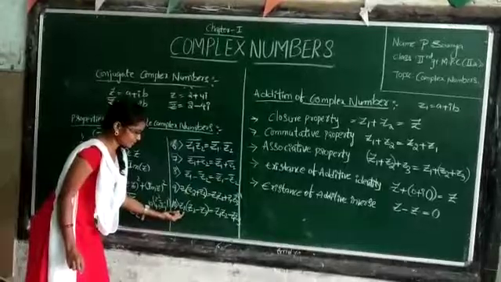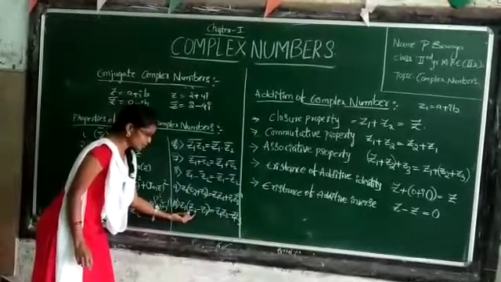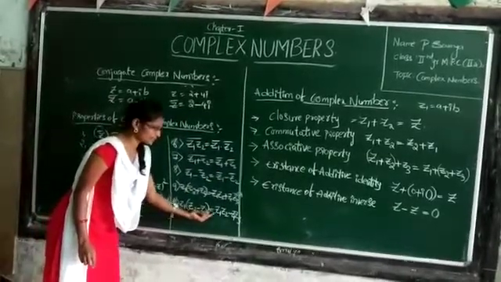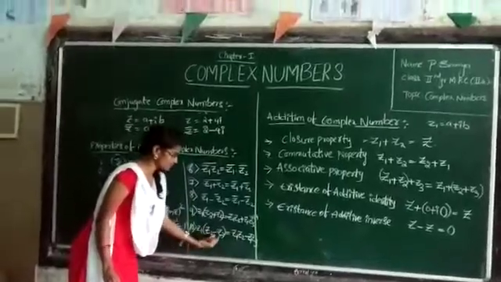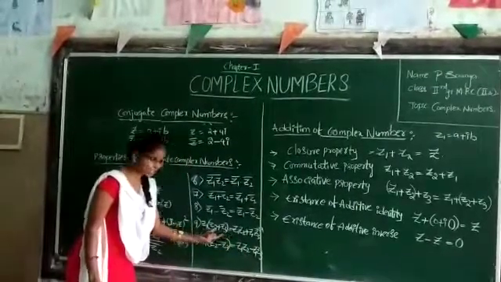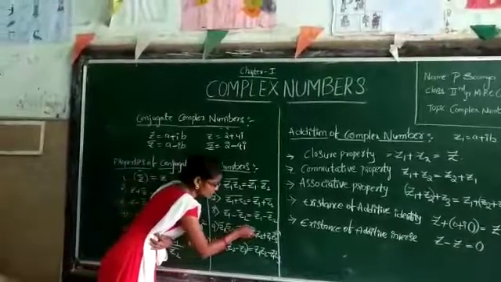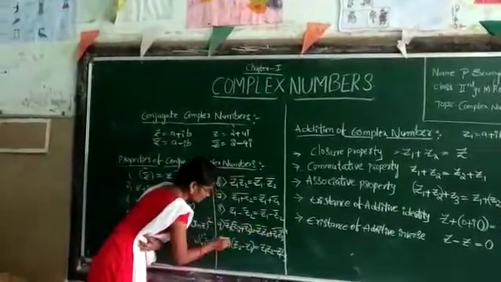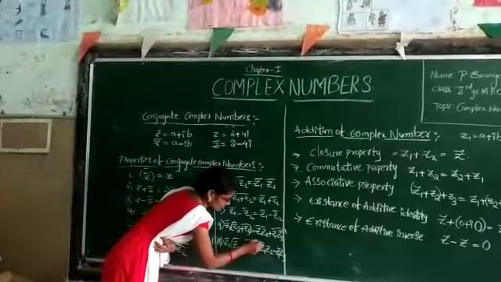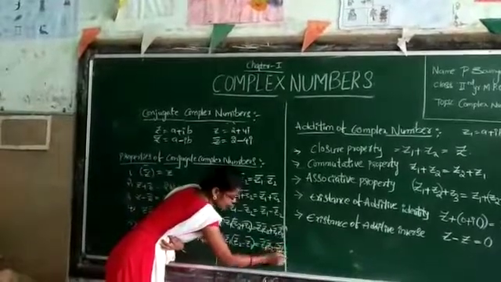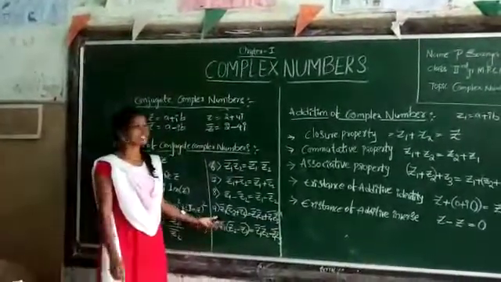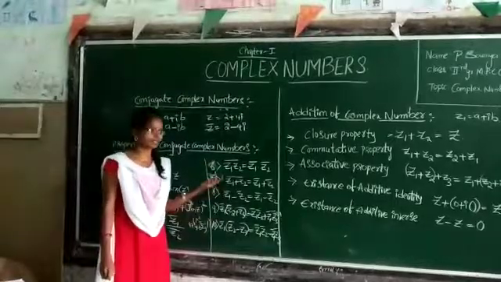And here z1 into z2 minus z3 is nothing but z1 z2 minus z1 into z3. If you take the conjugate here, again you will get the conjugate, that is z1 bar; overall you can take the conjugate. Okay. So this is the complex number, and in the remaining class we will explain.